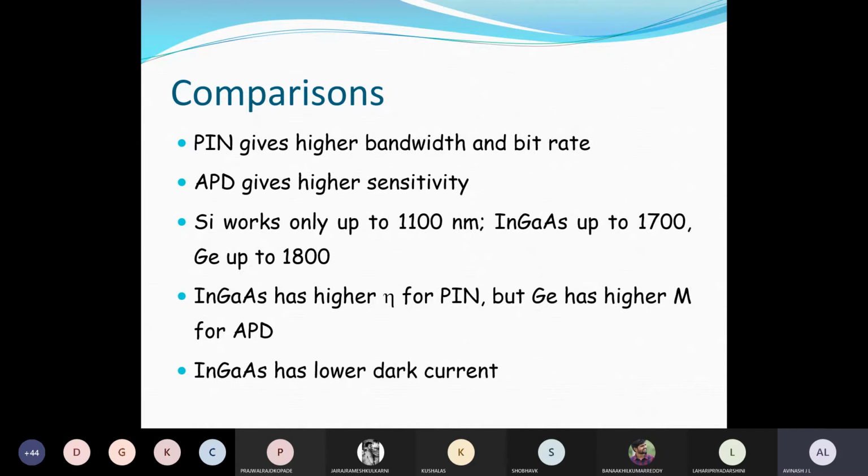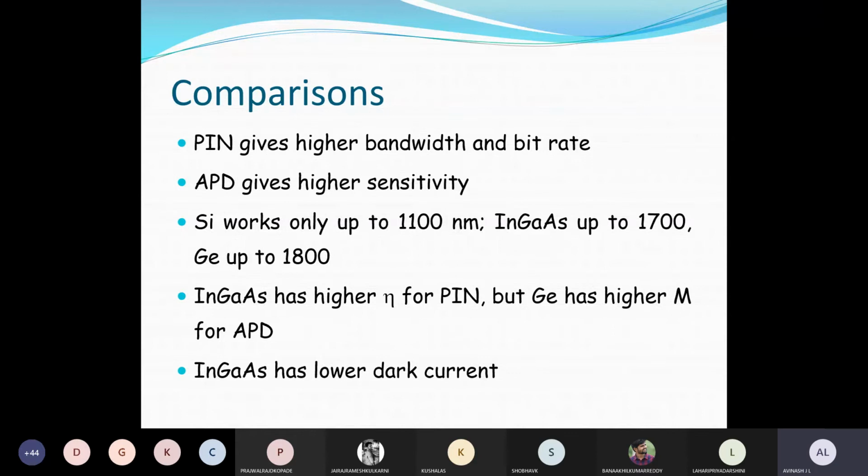Next thing is what silicon works. Silicon works only up to 1100 nanometers. A diode is a formation using a semiconductor. If you are using silicon as the semiconductor material, it works only up to 1100 nanometers. Whereas if you want more bandwidth and more wavelength, we can go for the indium gallium arsenide combination, where we can get the wavelength up to 1700 nanometers.